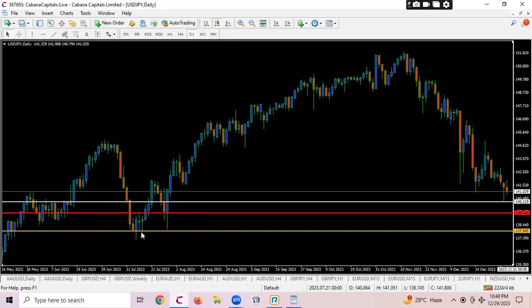Then here you will see that price started going up from this level. And before the formation of this bullish candle, what candle do we have? Bearish, right? Because this candle closed after this bearish candle, this level became a support. Is that clear?